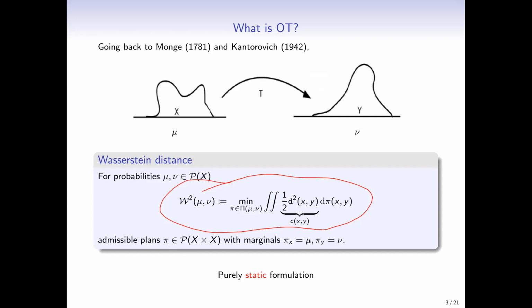So mathematically, for those of you who know what marginals are, it means that the first marginal of pi on the x factor must coincide with mu, and the second marginal of pi on the y factor should match nu. So this is a classical formulation of optimal transport, but it's a completely static formulation, meaning that the only thing that really matters is which point x is sent to which point y, and you don't know what happens in between.